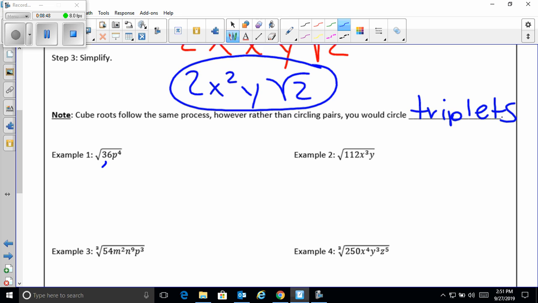So looking at this example, 36, 6 and 6, and that's 2 and 3, and 2 and 3, and then p to the 4th, 1, 2, 3, 4. So this is a square root problem. So I'm looking for pairs.